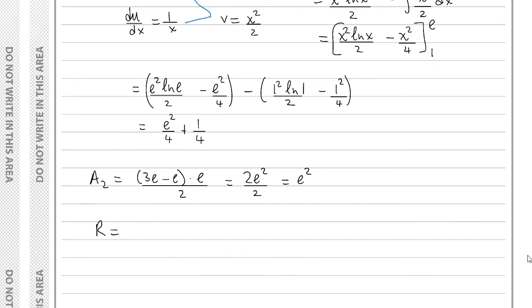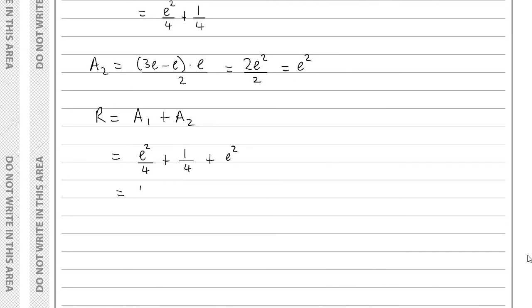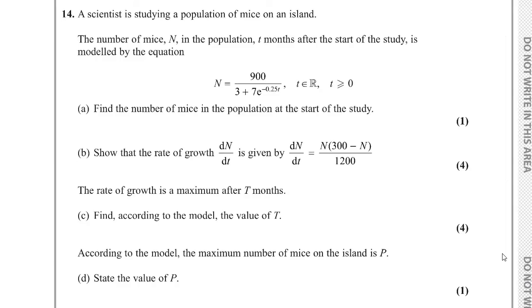So the shaded region R, which is just A1 plus A2, will be e squared over 4 plus a quarter plus e squared, which leads to the result of 5e squared over 4 plus 1 over 4, which is exactly of the form required in the question.